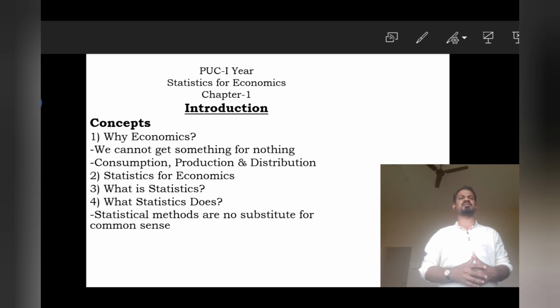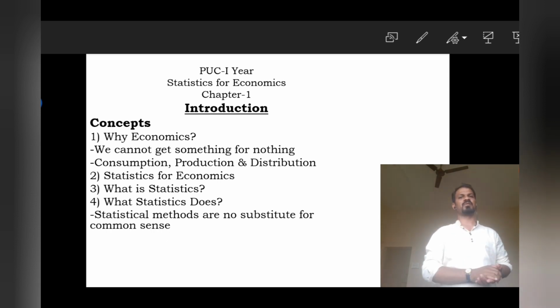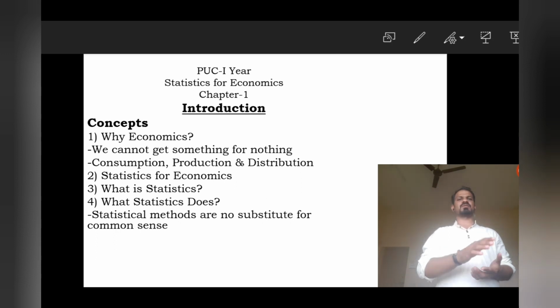Sometimes statistics fails, not numerically, but if we apply statistical methods as our common sense, then statistics fails. So that is the concept that statistical methods are not a substitute for our common sense. It means we cannot use statistics everywhere. So that is what we have said.